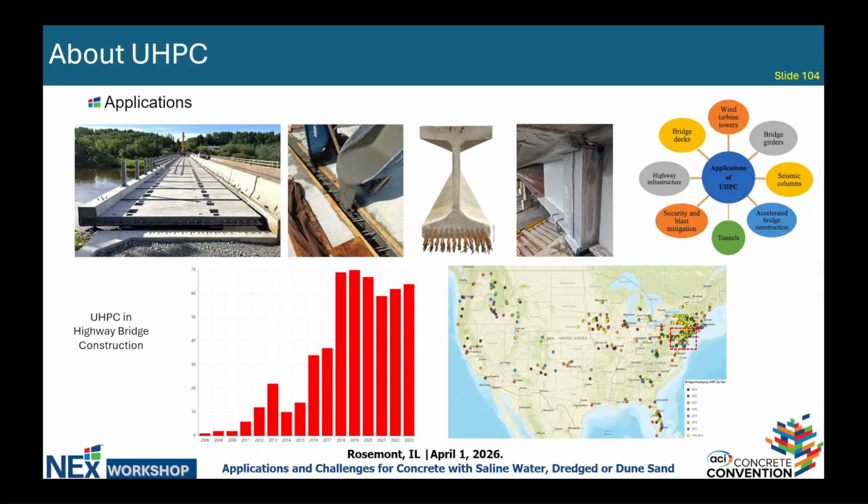As you can see, right after 2009, there's a clear increasing trend. Within only 10 years, the number of construction projects for highway bridges reached 70 across the country. There's a slight decrease during the COVID-19 pandemic, but we can see it re-increased again. The map shows the distribution of highway bridge construction in the US.